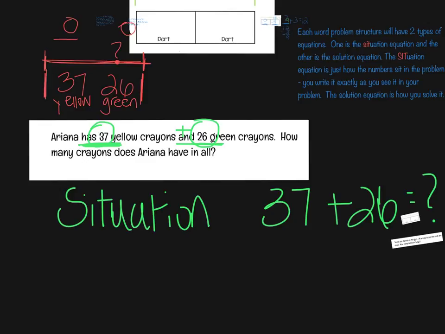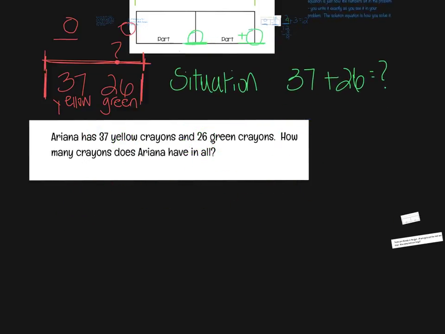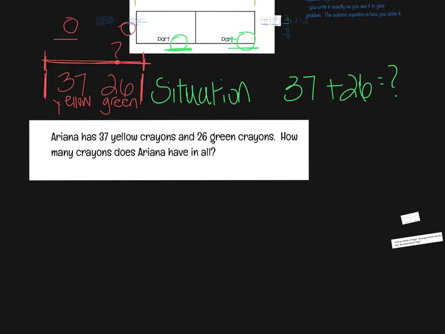Now, to solve my problem, I have to figure out my solution equation. So my solution equation is how I would solve it. Well, in a part-part-whole, if I'm looking for my whole, my situation equation and my solution equation are the same.